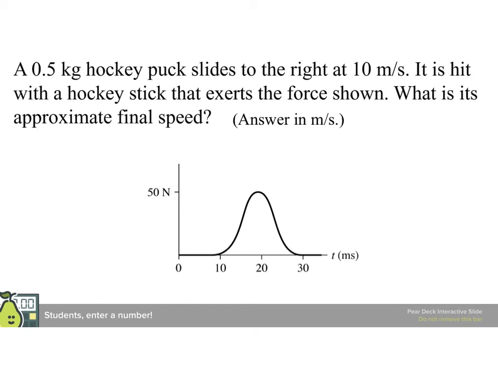A half-kilogram hockey puck slides to the right at 10 meters per second. It's hit with a hockey stick that exerts the force shown. What is the approximate final speed?